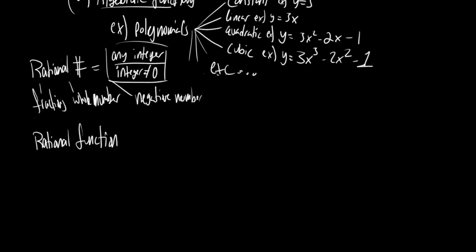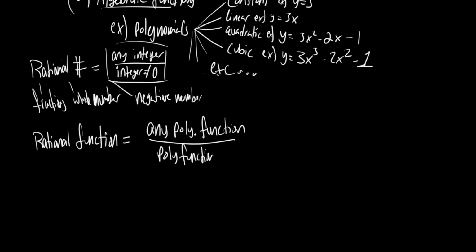A rational function is equal to any polyfunction, short for polynomial function, over a polyfunction that is not equal to 0. As you can see, we just switched from integer to polyfunction, and with this difference, it doesn't do much.